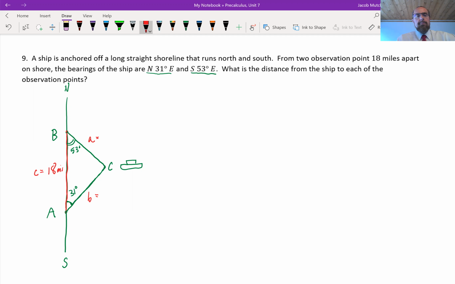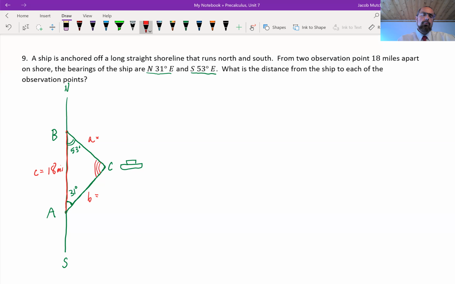So according to my arrangement, I don't know if it's a right triangle. That's different from my first two examples. What I do see though is I have angles and a side. Now, I can find this third angle at C using the triangle angle sum theorem.